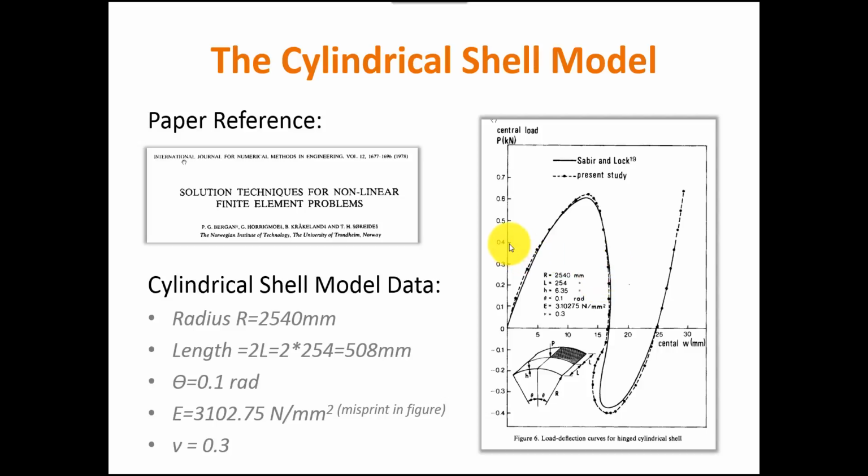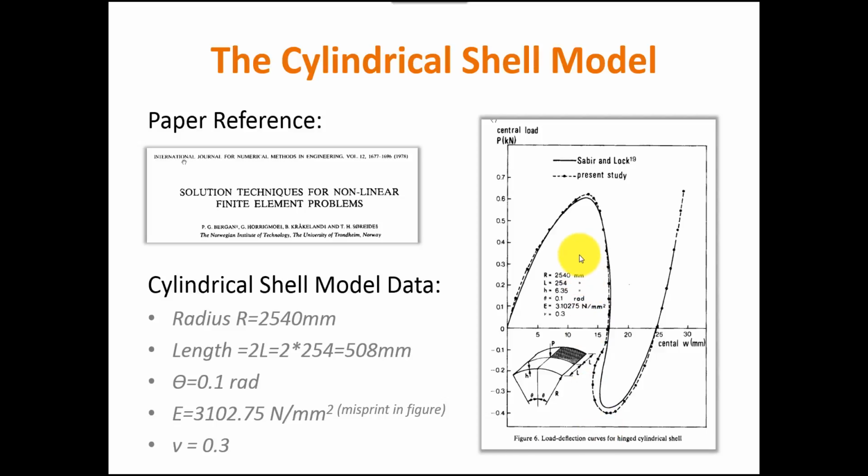We can also tell that if you have a load level at 0.4 kilonewtons, we have actually not only one solution but three solutions. And also if we go at a certain displacement, in central displacement, we see that there is not only one but actually three solutions as well.